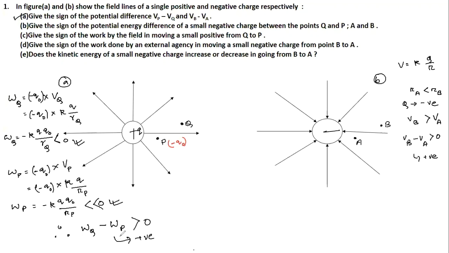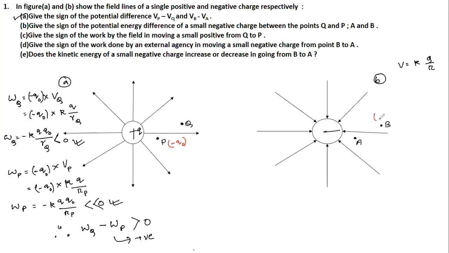This is how to find the potential energy difference when you use a negative charge at different points. A similar process applies for the second case. Here also, you place the negative test charge at different points.